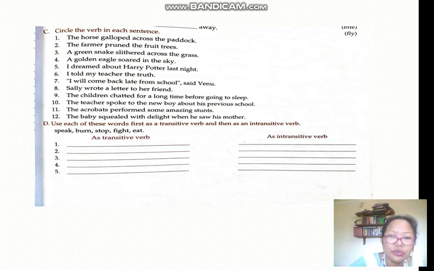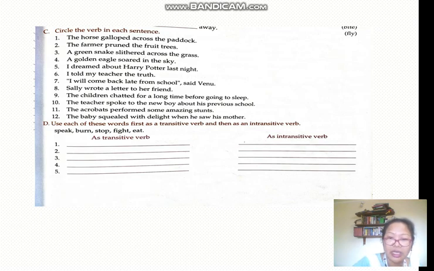The last one is to use each of these words first as a transitive verb and then as an intransitive verb. The words given are speak, burn, stop, fight, eat. You can say speak as a transitive verb: he spoke the truth.